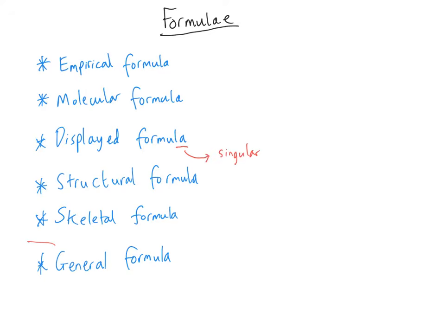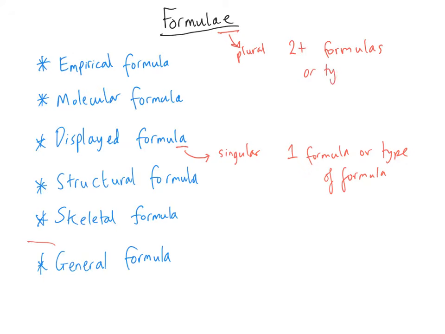And so we might be talking about one formula or type of formula. And if it ends in AE, it's pronounced formulae, and this is talking about the plural, meaning two or more formulas, but we wouldn't say formulas, we'd say formulae, or types of formula.